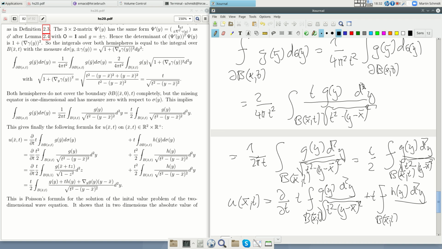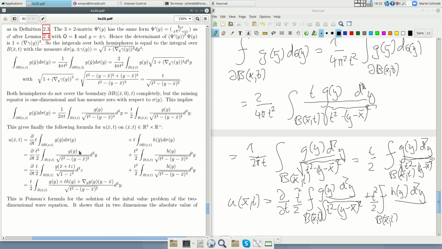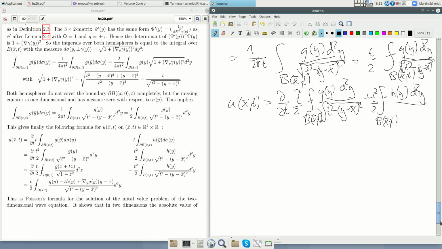So we get t square over 2, and here we also have t square over 2. Now we have this formula, and now we do the same calculation as before. In order to derive the derivative with respect to t, we make this independent of t only in the first term.